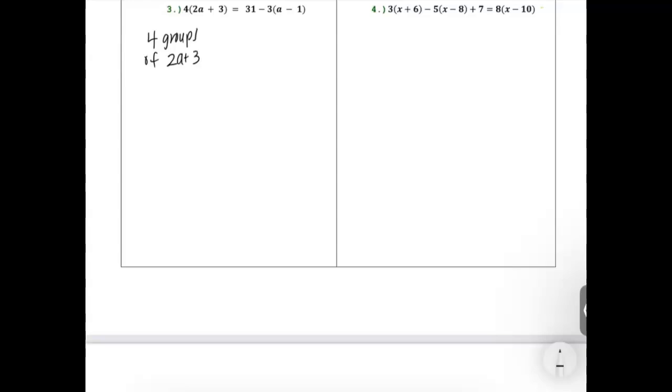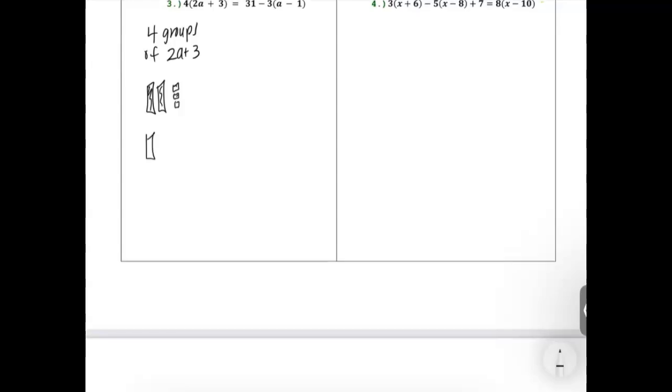So there's one group, there's another, and let's just pretend it is all shaded in because it's positive. So that's what that is saying, 4 groups of 2a plus 3.